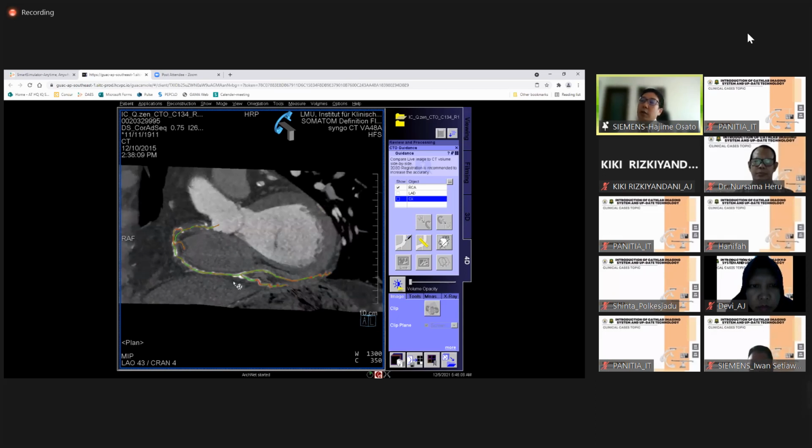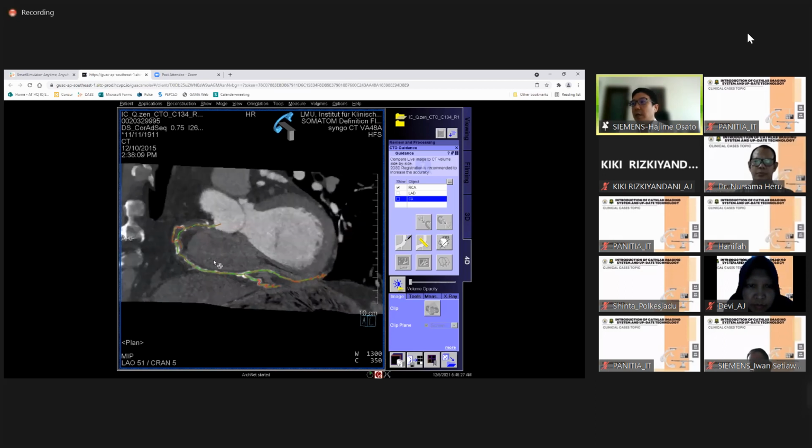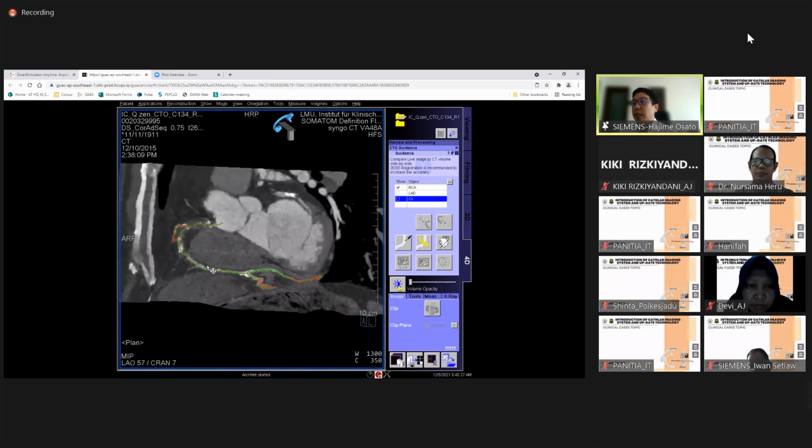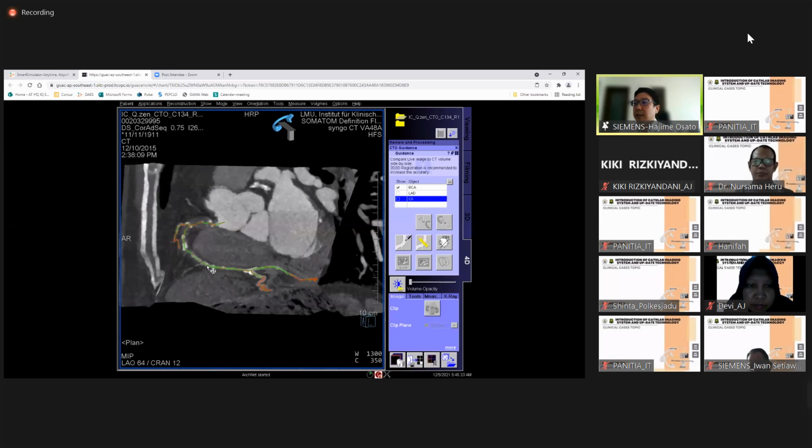But the doctor facing engagement is quite difficult, because in this working angle we have a red color at the ostium point. So that's why we have to look for the green line, something like this. The ostium area shows a nice working angle as well.